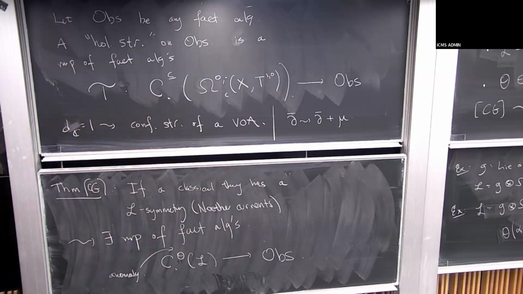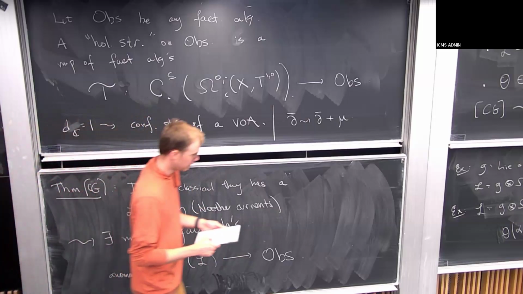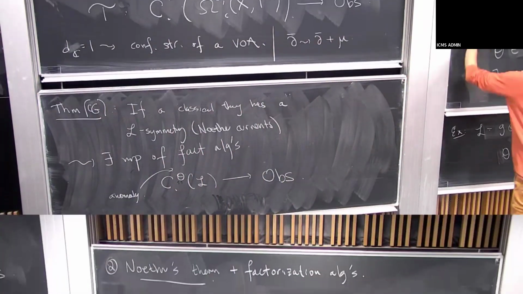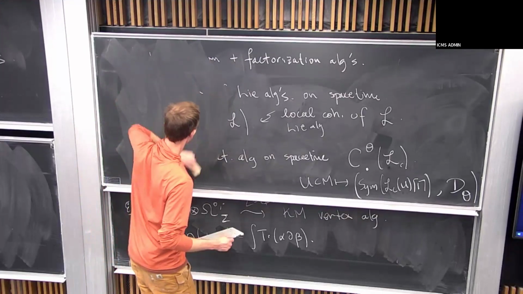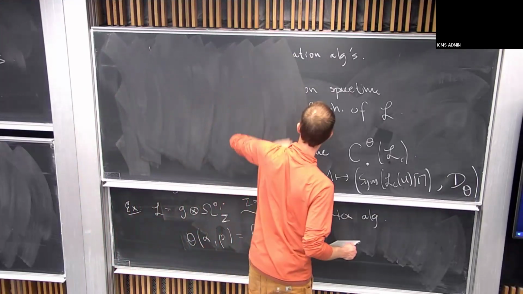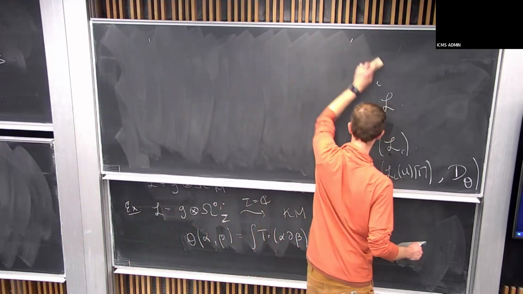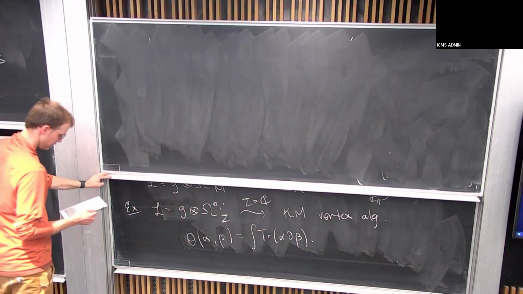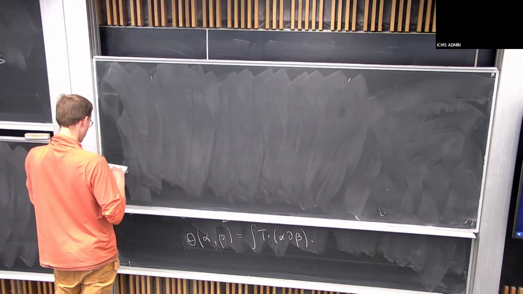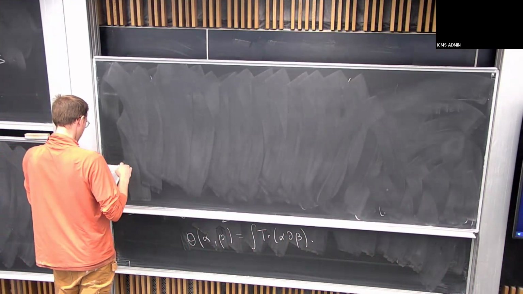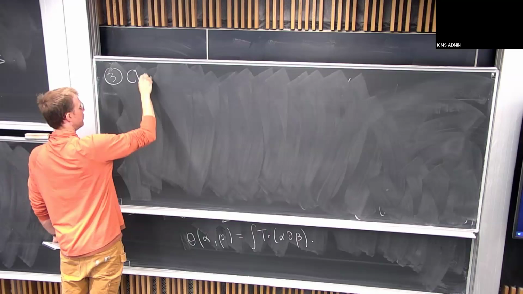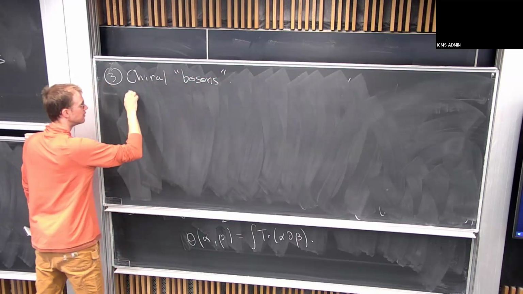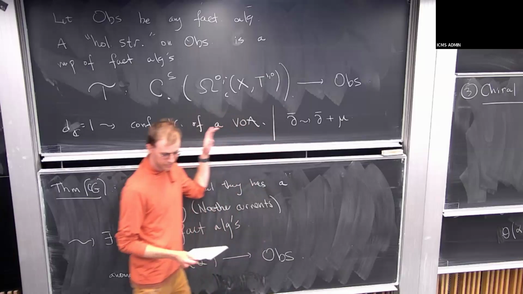Okay, so I wanted to go to my example. By the way, there's many examples of factorization algebras which have these structures here.